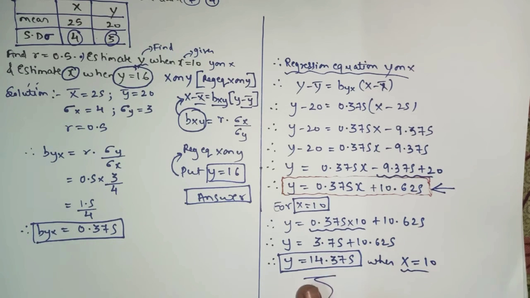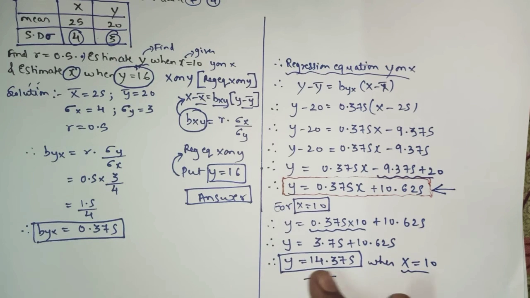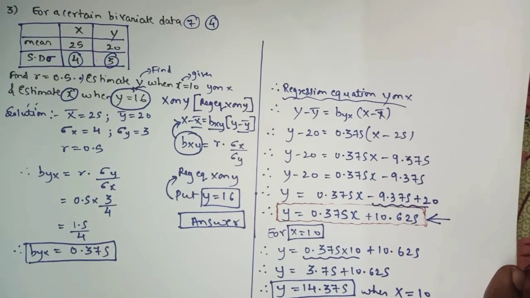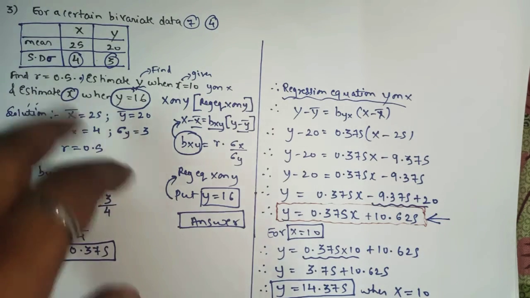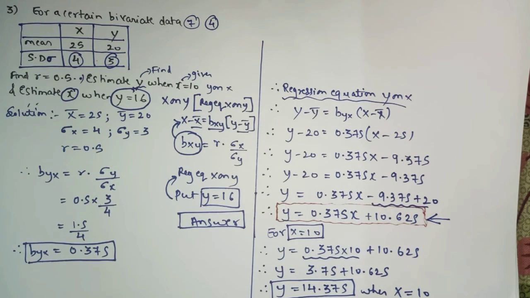Here we got 14.375, and the backside answer is something else, I think so. So please sit with that. For the third sum, the backside answer is wrong.